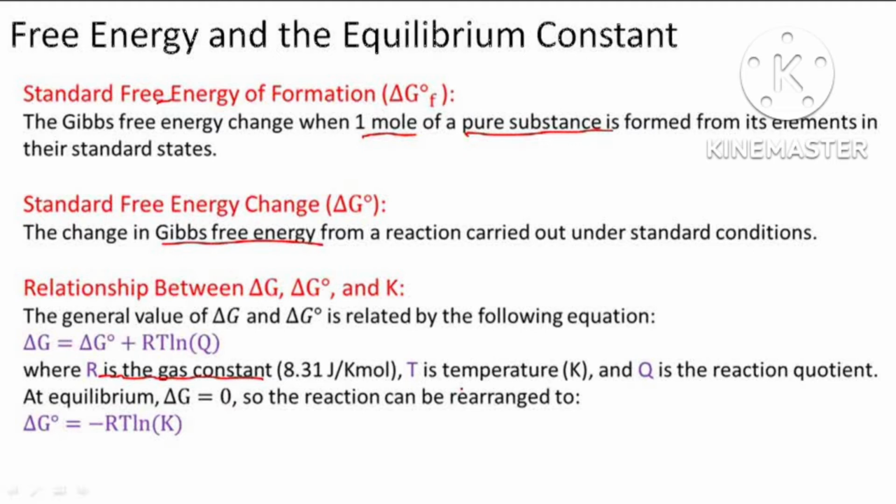See how all three are related. It means standard delta G is equal to standard delta H minus T into standard delta S, and that is equal to minus RT ln K. This is also most important.